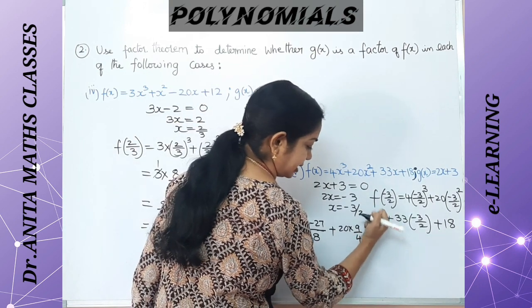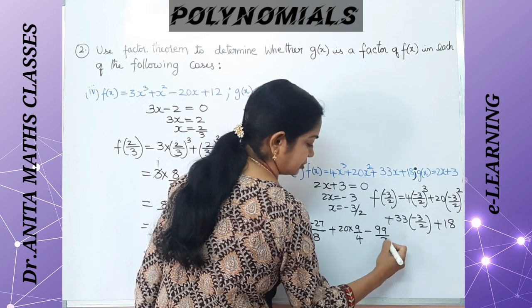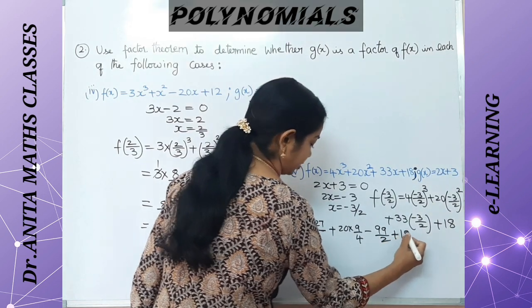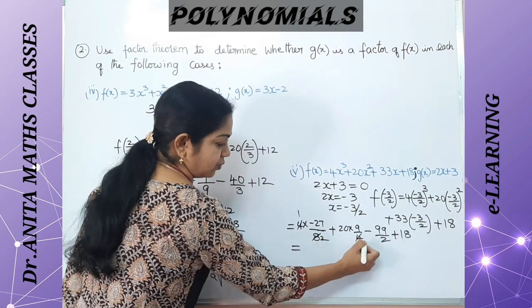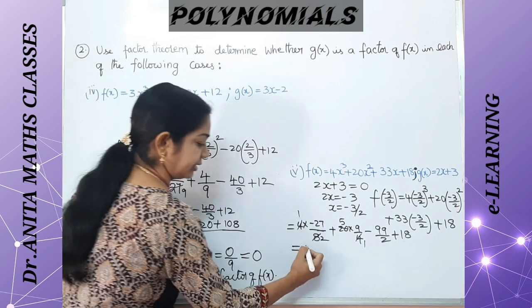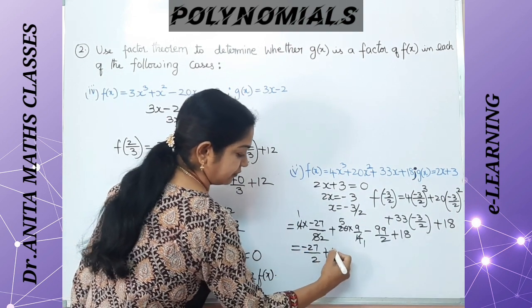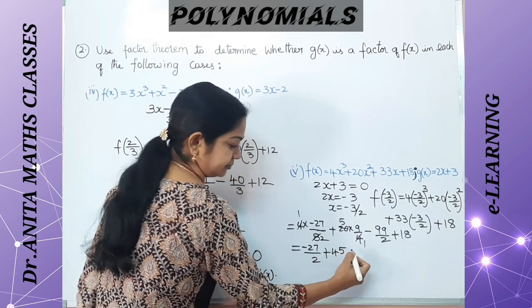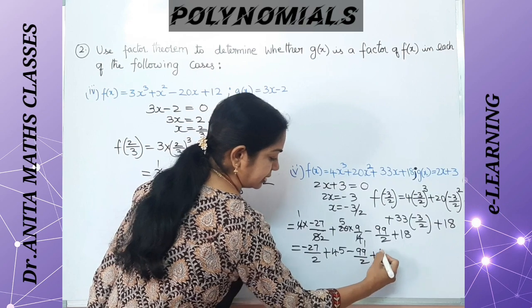So that is minus 99, I'll write minus because the minus sign is there. Minus 99 by 2 plus 18. We will cancel off: 4 ones, 4 twos, 4 fives. Here we get minus 27 by 2. Here we get 45, 9 fives are 45. Minus 99 by 2 plus 18.